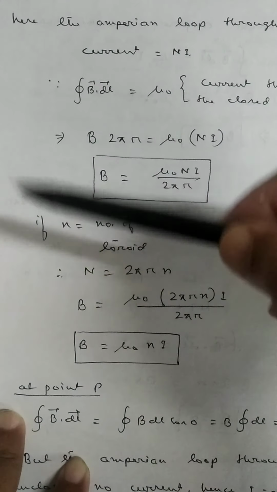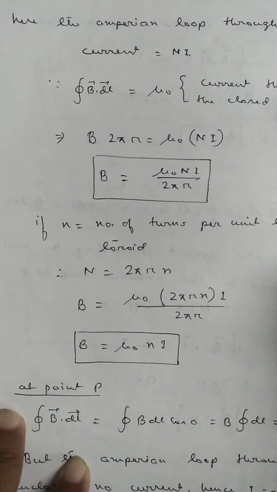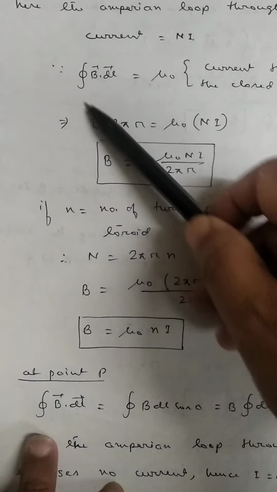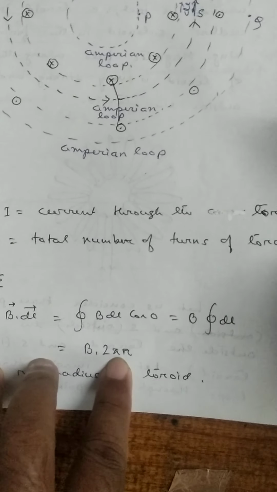Around the closed path means around the Amperian loop. So what is B dot dl in this case? B dot dl is B into twice pi r.